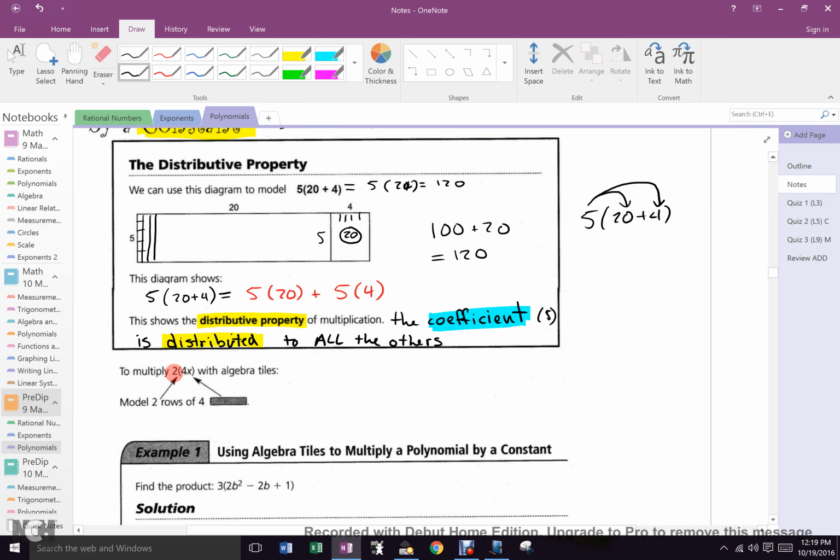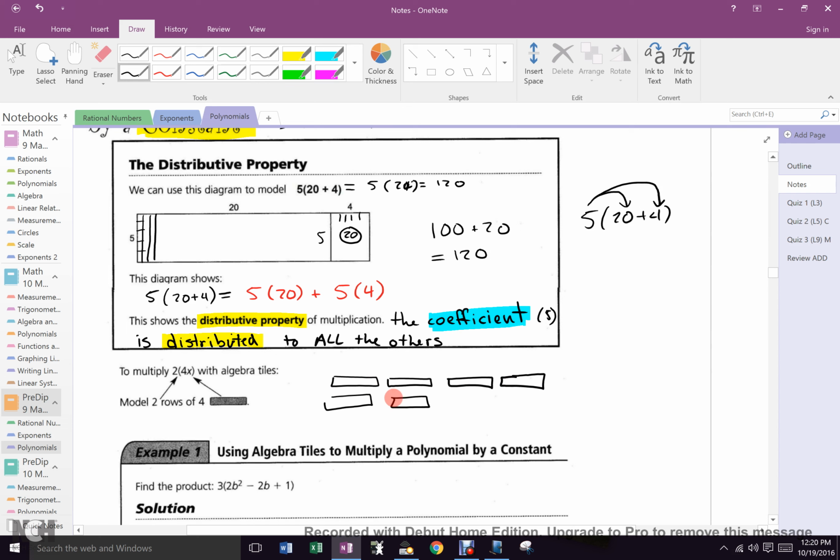To multiply this, I need to use algebra tiles. 2 times 4x. Well, I even told you how to do it. There's 4x. That's positive, correct? Yes. Could I write them vertically? Could I write them stacked 2 on top of each other? Yes, I could. There is one of them. How many do I need? 2 of them.